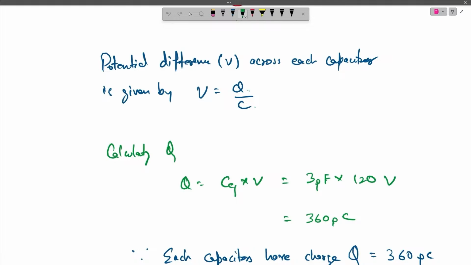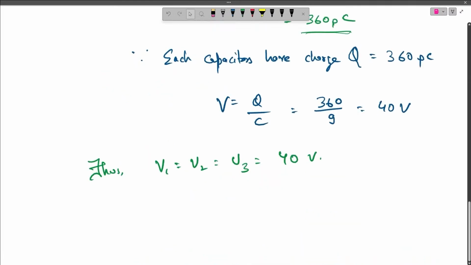We have already discussed earlier that the charge carried by each capacitor would be the same, and it is given by C times V. Calculation of C times V will give us a charge of 360 picocoulomb. That is, 360 picocoulomb of charge is available on all the capacitors. Now calculating voltage for the same, V equal to Q by C, will give us 40 volt. So the potential difference across each capacitor would be 40 volts.